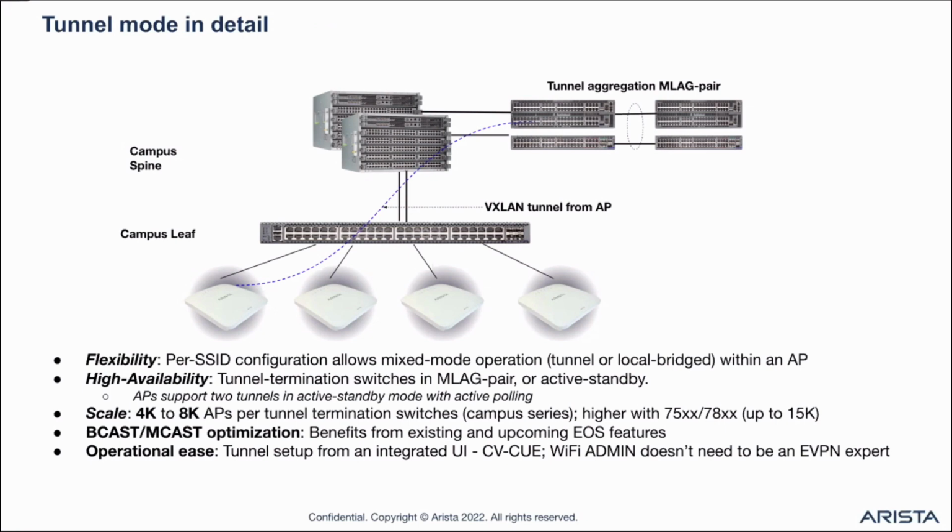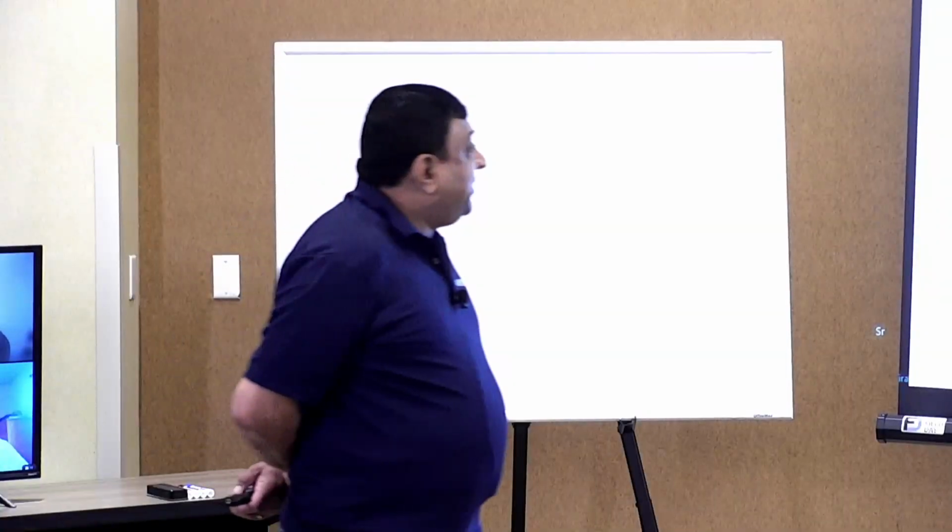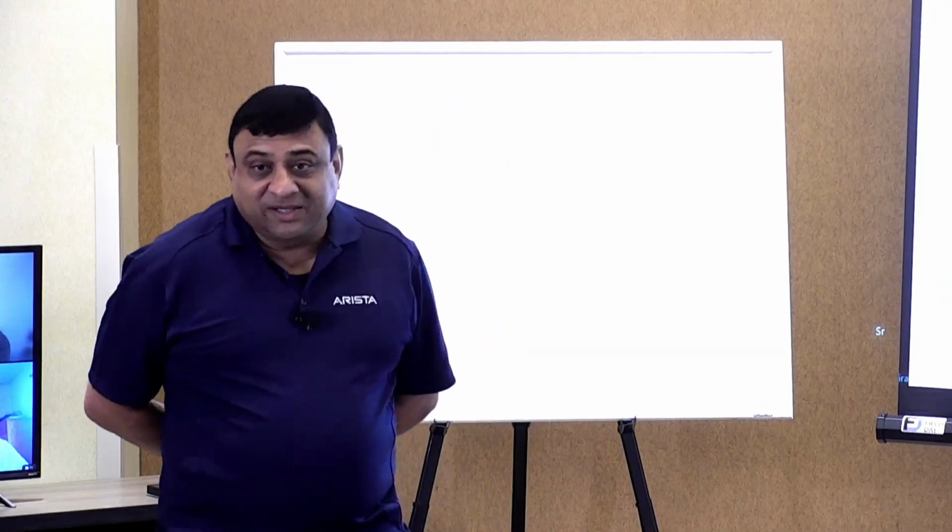Yes, sir. So that last line, you don't have to be an EVPN expert. Okay, fine. Is CVP acting as a controller, or is this EVPN? And if so, what happens with EVPN convergence times if you have a fast roaming client? Because I know that's probably the path. Excellent point. First of all, between the access point and the tunnel aggregation, we do not run EVPN.